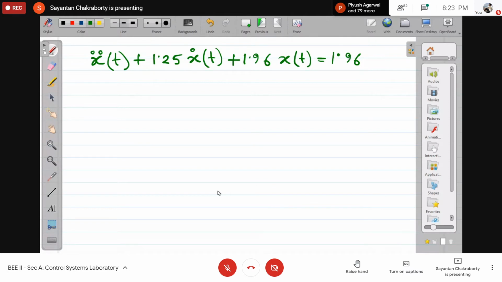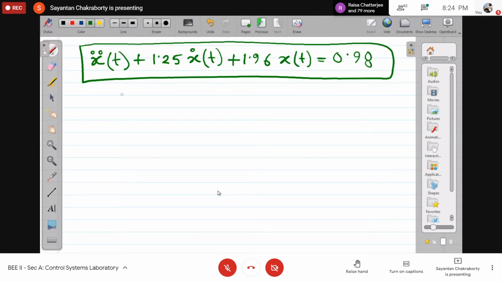Okay, not 1.96, it's 0.98, I guess. Yes. Sorry. This is 0.98. This is the equation that I have simulated.